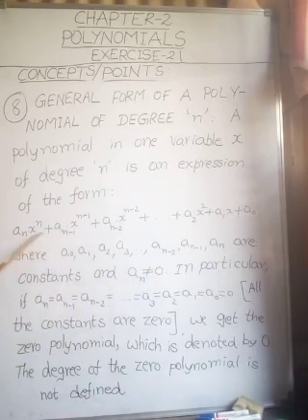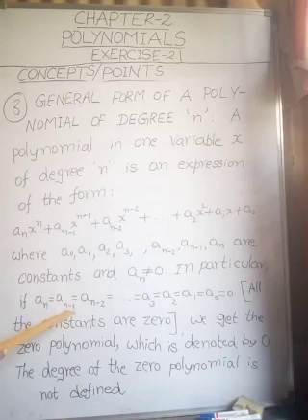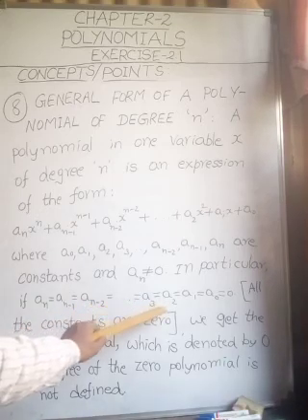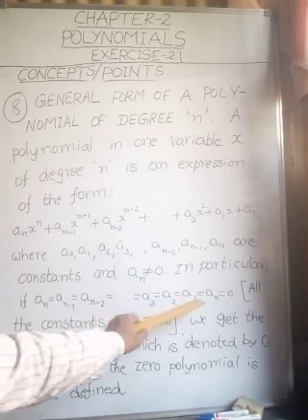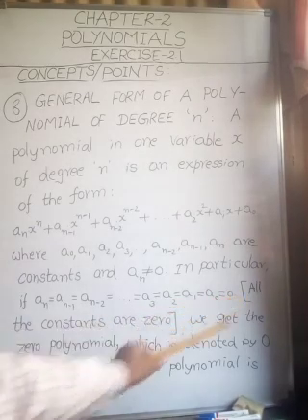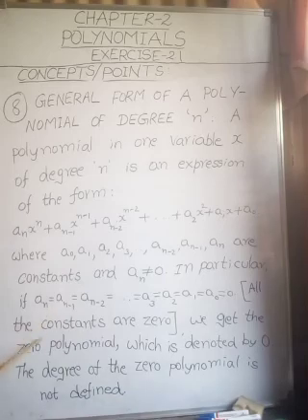The coefficient of the highest power of the variable is not equal to 0. It is a non-zero number. In particular, if an is equal to an minus 1 is equal to an minus 2 and so on, a3 is equal to a2 is equal to a1 is equal to a0 is equal to 0, it means all the constants are 0 in a polynomial.